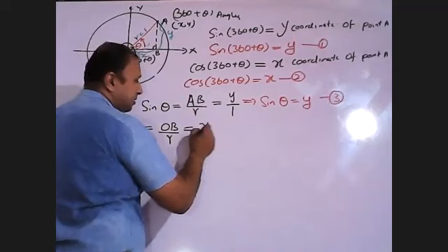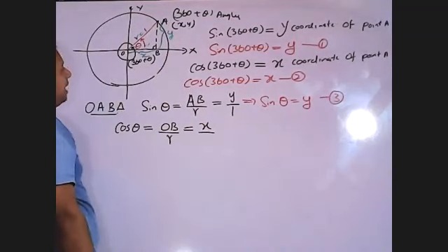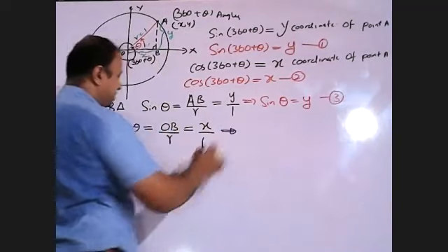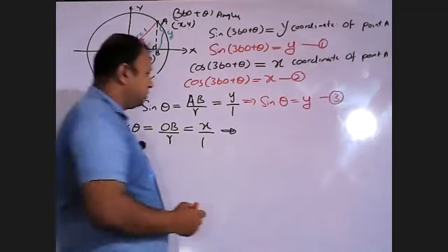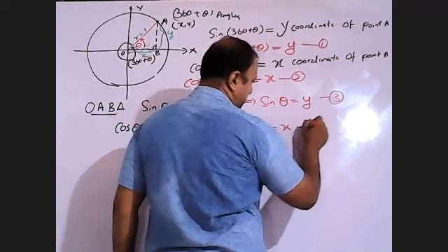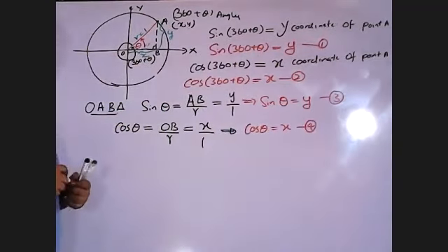The hypotenuse is equal to 1. Therefore, cos theta is equal to x. Put this as 4. Now I can compare 1, 2, 3, and 4.